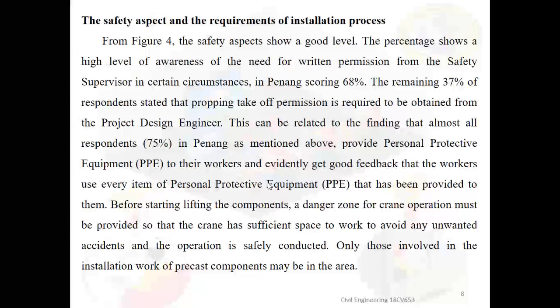So, regarding the safety aspects, most of them agreed that they are using the personal protective equipment efficiently, and when lifting any components with the crane, a safer zone has to be provided to avoid any accidents, and only those involved in the construction should be in that area.